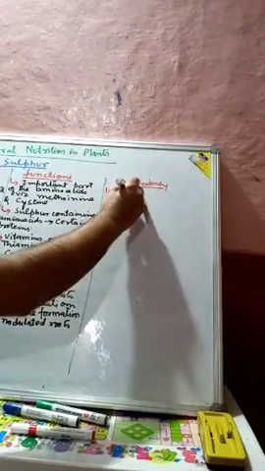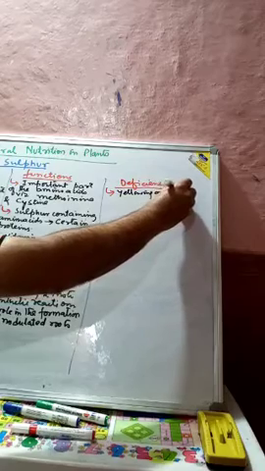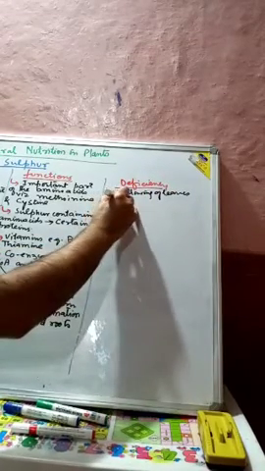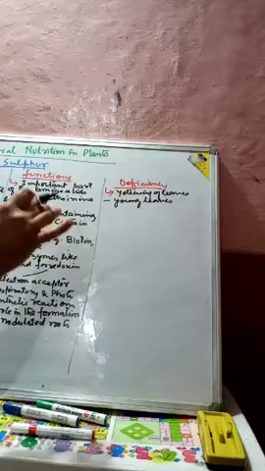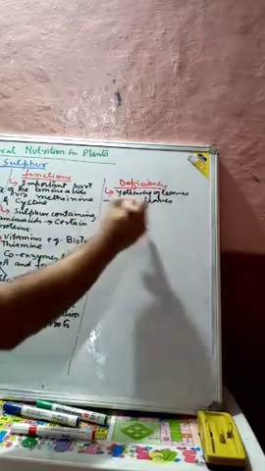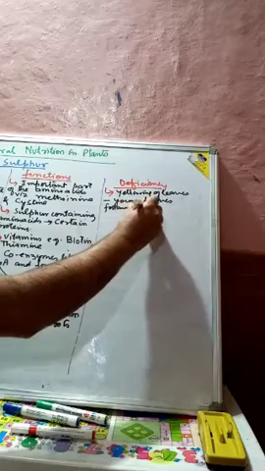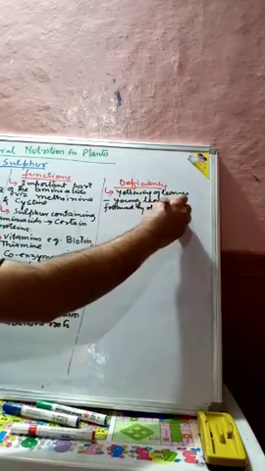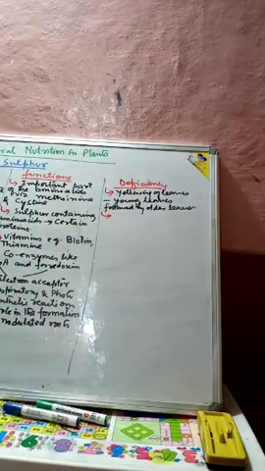This yellowing of leaves first takes place in the young leaves, followed by the older leaves.